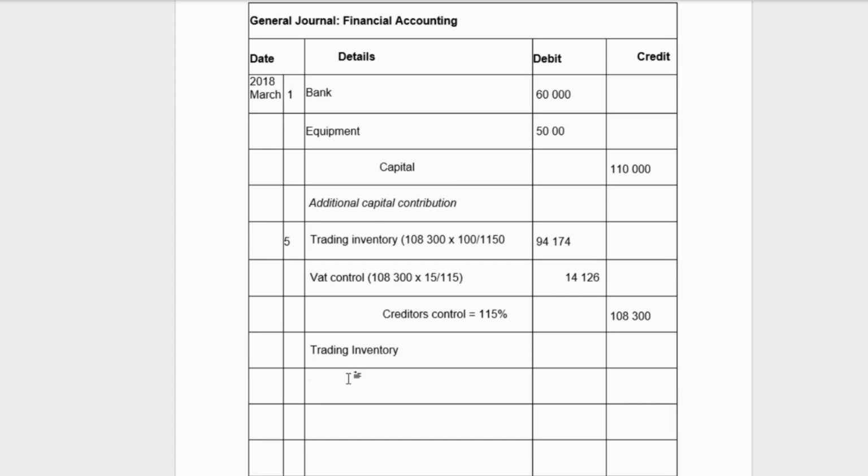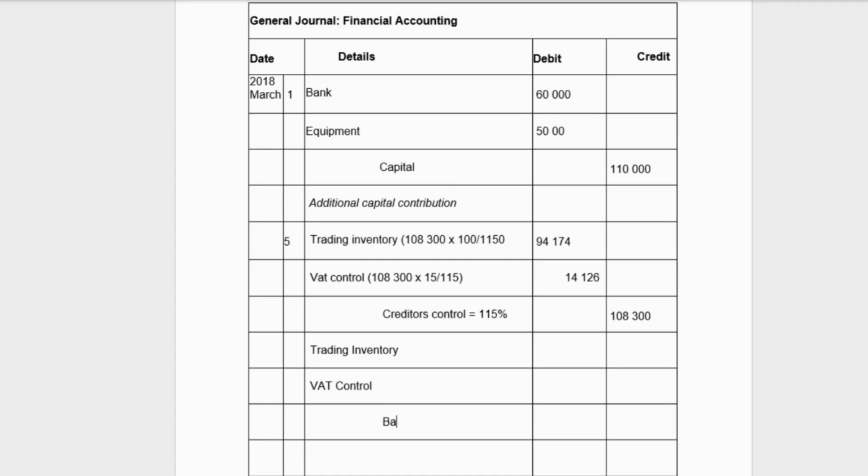And then we also have to account for VAT up there, VAT control. And then we're also going to credit our bank because now we are paying for the transport or the carriage on purchases.